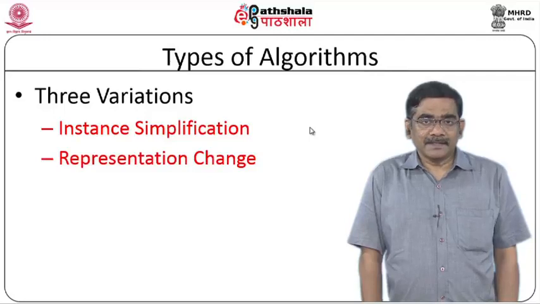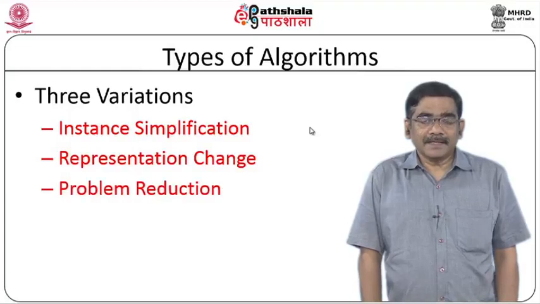In some cases, we require some sort of a representation change, where we change the representation of the problem and we can solve it. In some cases, we go for some sort of a problem reduction methodology. These three represent the variants of the transform and conquer strategy.